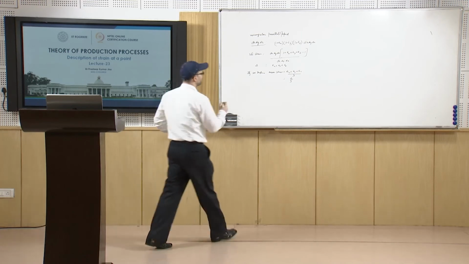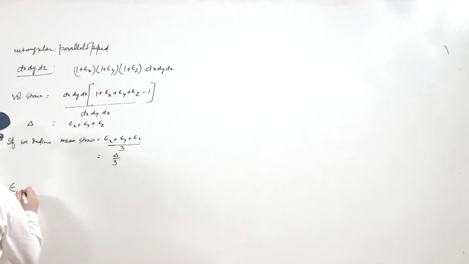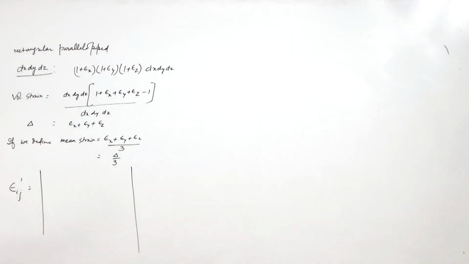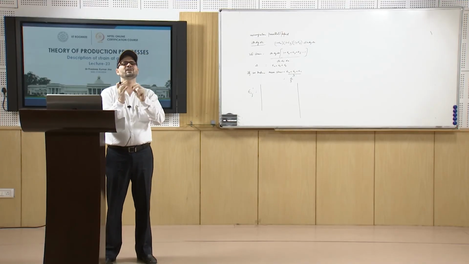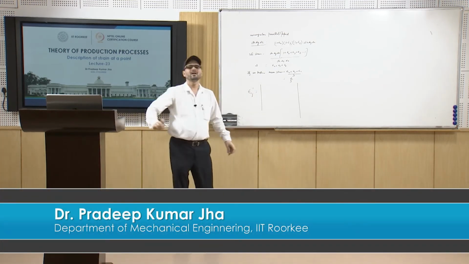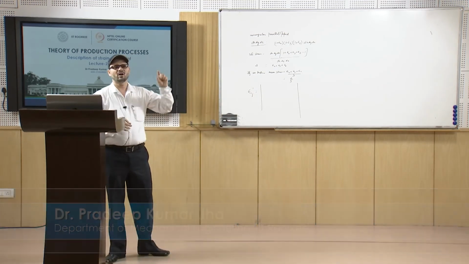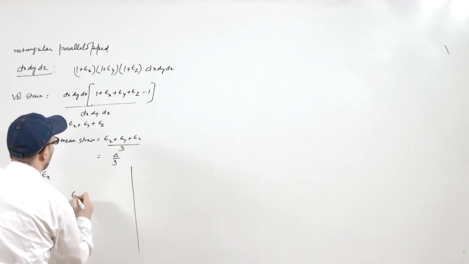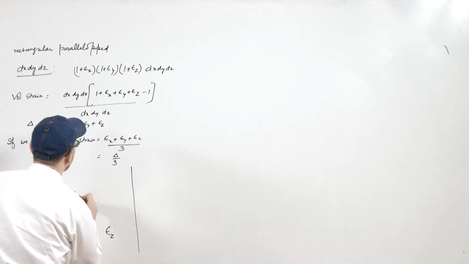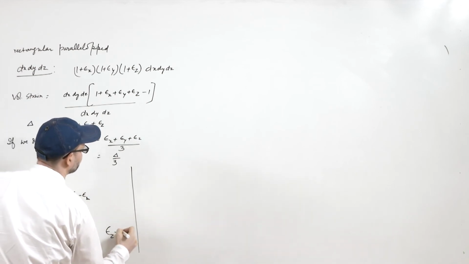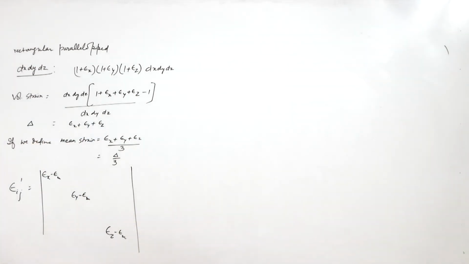For this, the strain components along the diagonal, epsilon x, epsilon y and epsilon z, have the mean strain subtracted from them.